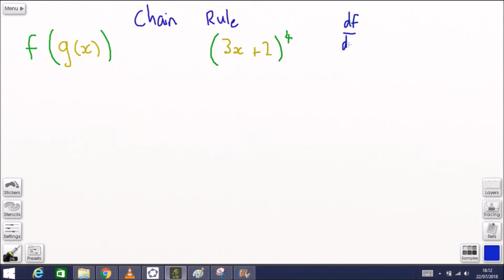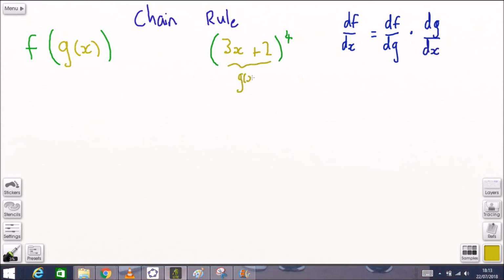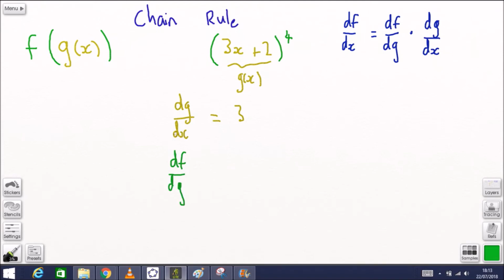So if we go back to our original composite function, f, which is a function of g, which is a function of x, and we'll write up our chain rule again, then the function g is just this bit inside the brackets. So if I differentiate g with respect to x, I'll just get 3. And f is the outer function, which is in green.